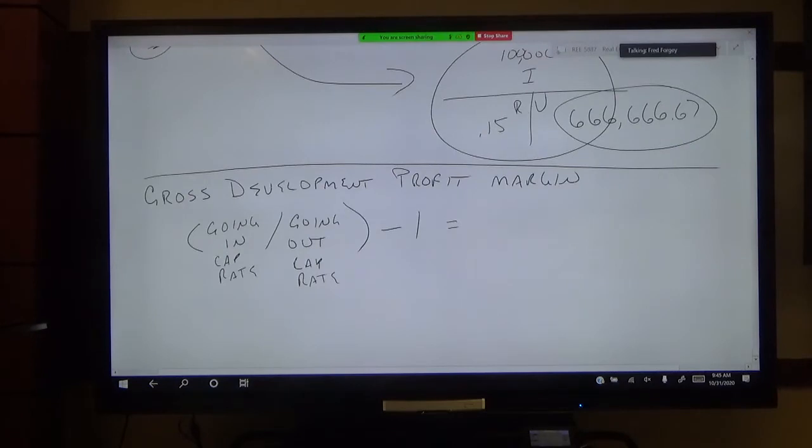And that is going to give you the gross development profit margin.